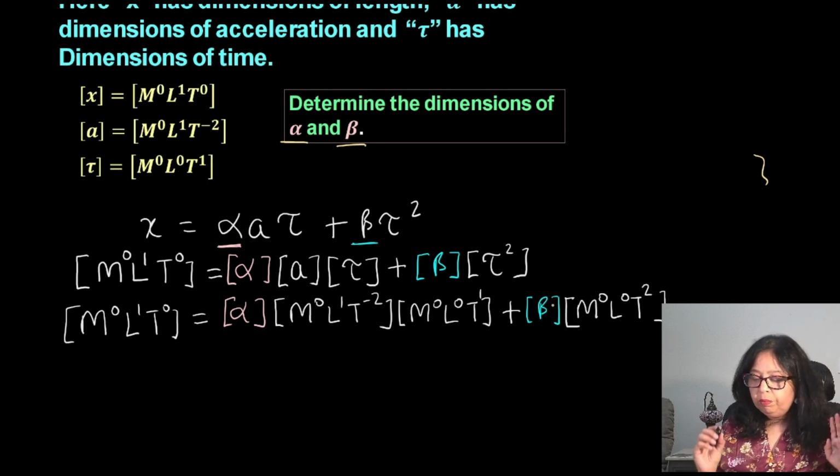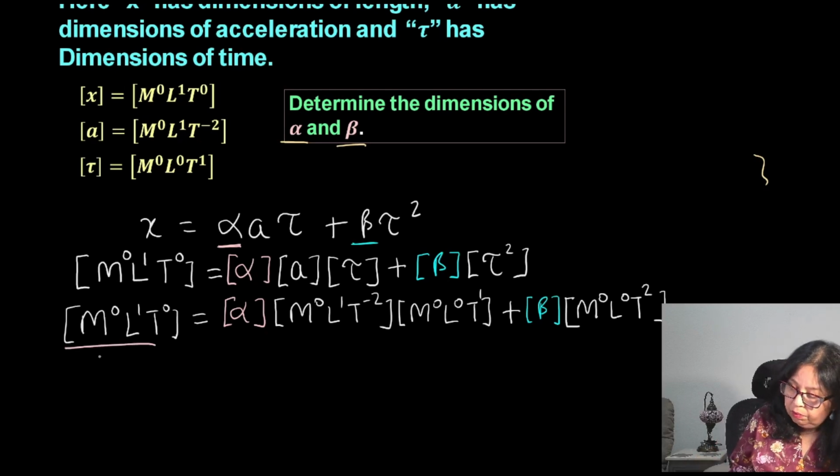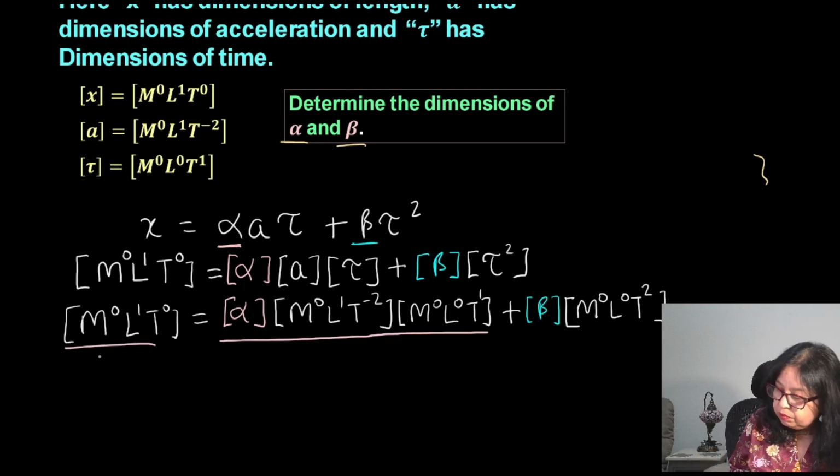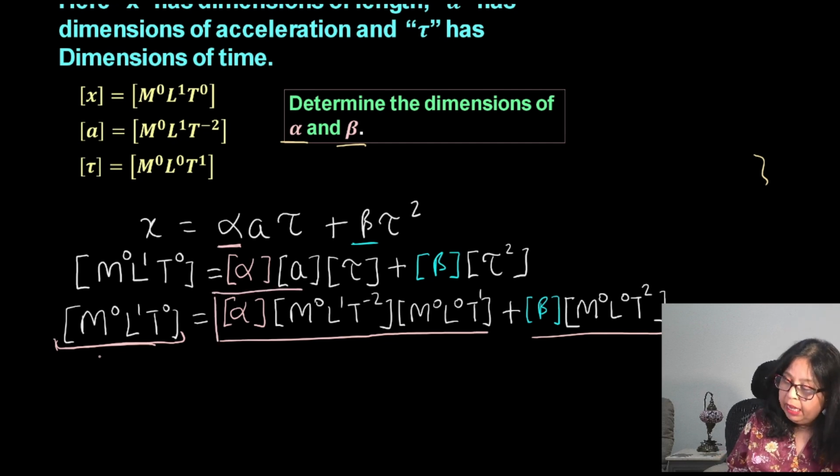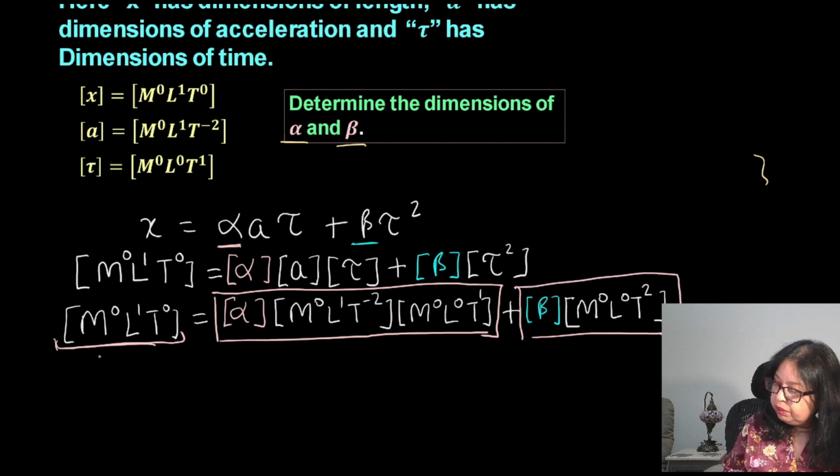Now, from the principle of homogeneity, the dimensions of each of these three terms are the same. There's one term to the left side of the equal sign, and then there are two terms on the right-hand side, separated by this plus sign.